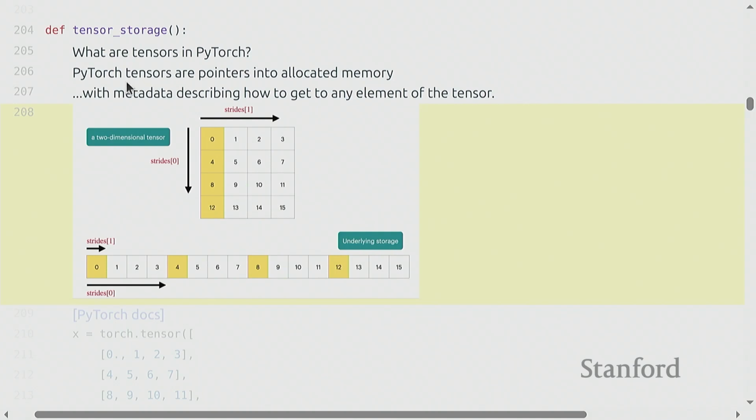And what the tensor has is metadata that specifies how to address into that array. The metadata is going to be one number per dimension of the tensor. In this case, because there are 2 dimensions, it's stride 0 and stride 1.